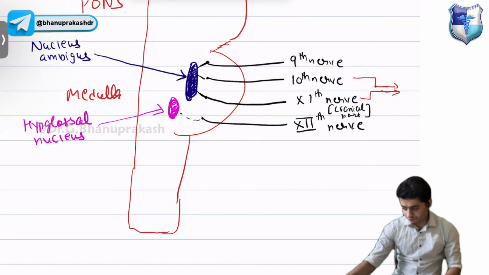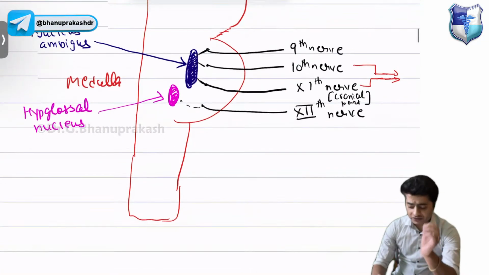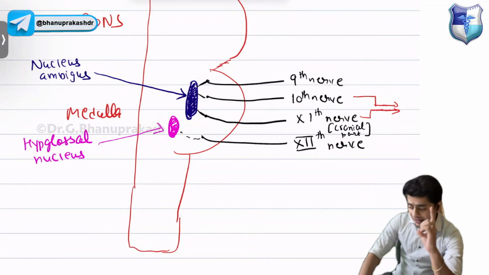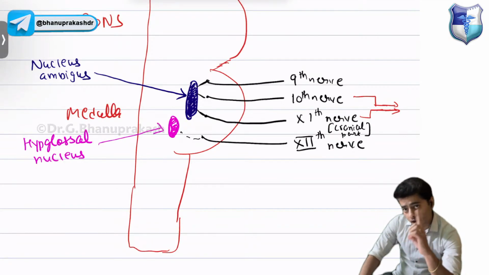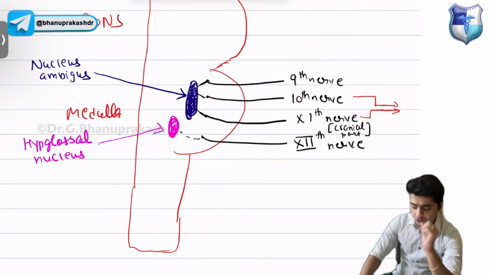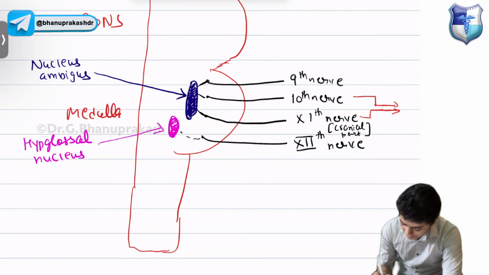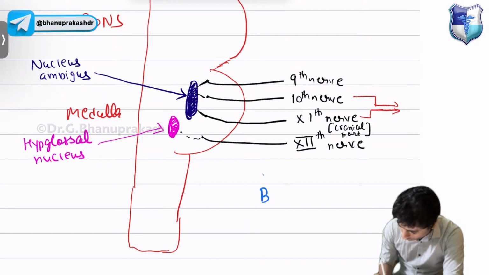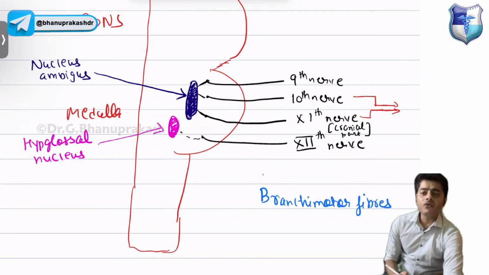And all these nerves, where are they going? Your ninth nerve is going to the pharynx. Your 10th nerve and 11th nerve are also going to the pharynx, and your 12th nerve is going to the tongue. So these nerves, in their due course of time, are also known as branchiomotor fibers.